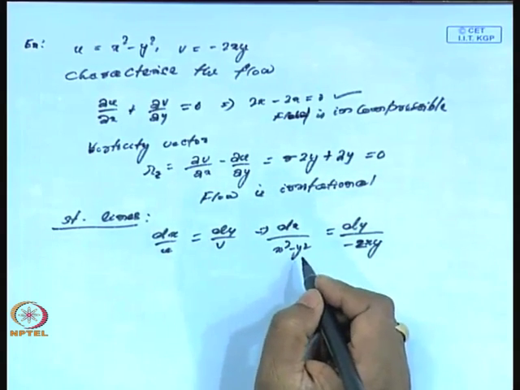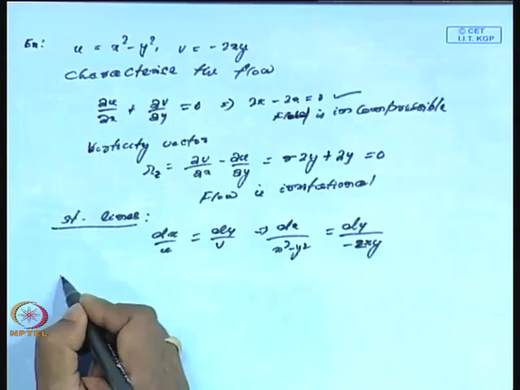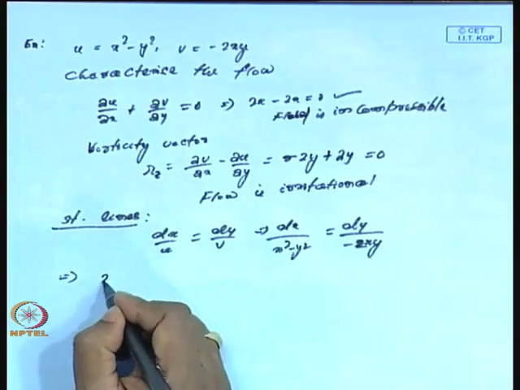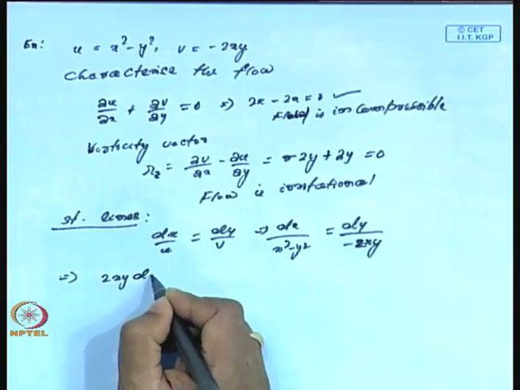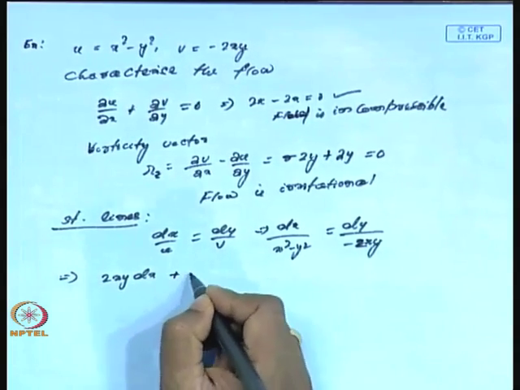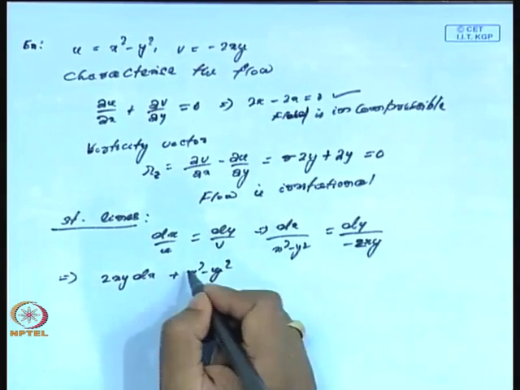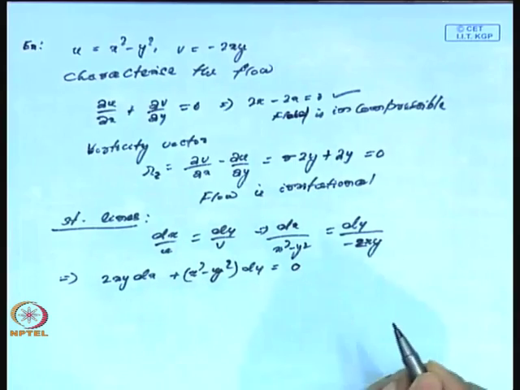I will just simplify, and that will give you 2xy dx plus (x square minus y square) dy equals 0.